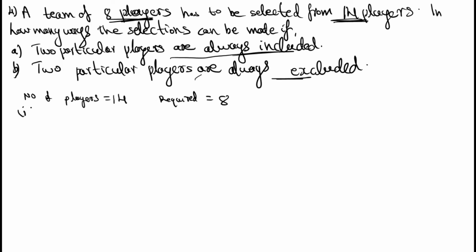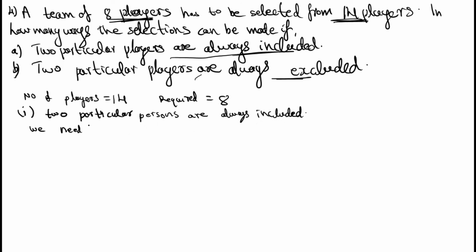Take the first case. First case is two particular persons are always included. That's a given condition. Now see, two particular persons are always included means we need to select how many members?